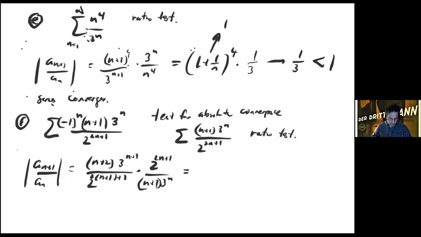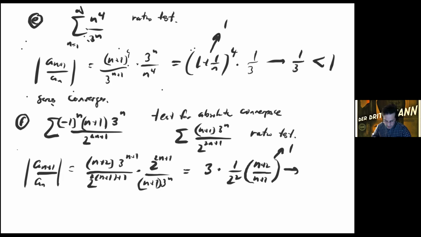And there's a lot of simplification here. We have, well, 3 to the n plus 1 over 3 to the n is 3. 2 to the 2n plus 1 over what's on the bottom, 2 to the 2n plus 3, is 1 over 2 squared left over. And then what's left over now is n plus 2 over n plus 1. Okay, so now what happens as n goes to infinity? This expression in the parentheses goes to 1.